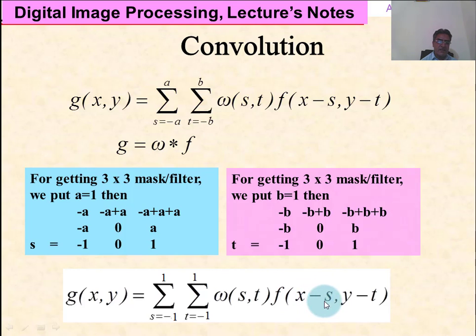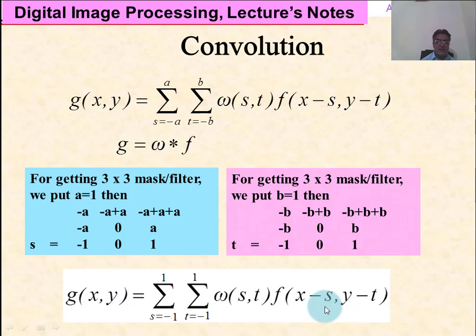Actually, this subtraction inverts the kernel value at 180 degree, and if we use plus here instead of minus, then this operation will be called the correlation operation.